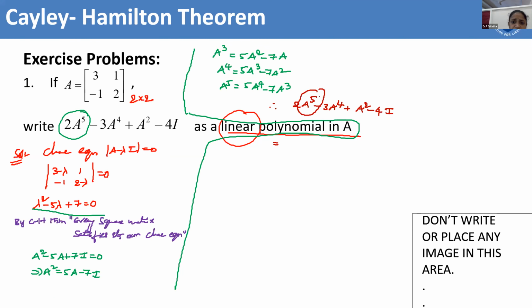The highest power is A power 5, so that's why we write the A power 5 value, that is 5A power 4 minus 7A cube. After that we have to write the remaining polynomial: minus 3A power 4 plus A square minus 4I.